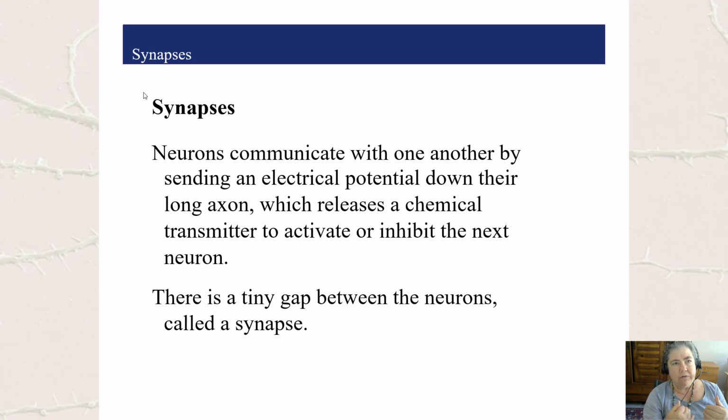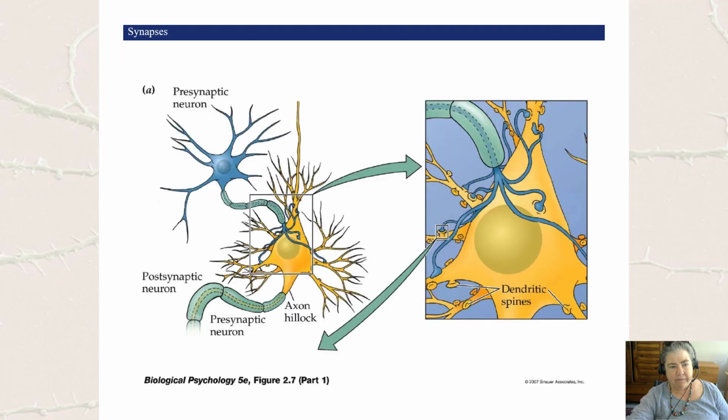Different neurotransmitters, depending on receptors, as we talked about in the ANS, may be inhibitory or stimulatory. The synapse is the tiny gap between the terminal axon and whatever it's communicating with, whether it is a dendrite, a cell body, or a muscle cell.